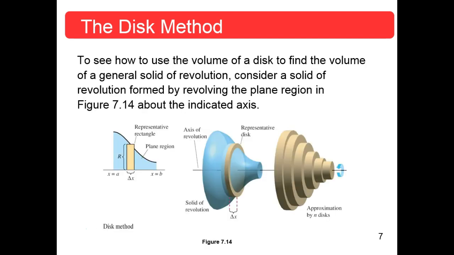Now, what if we're doing a curve, not a straight horizontal line around the axis, but a curve around the axis? Well, we've got problems, don't we, Houston? Because that's not going to quite be the same.